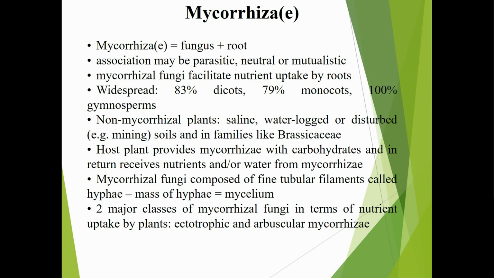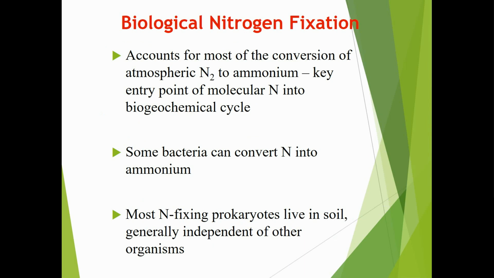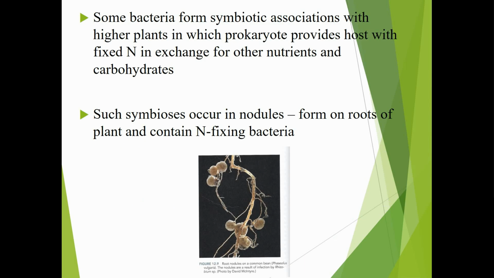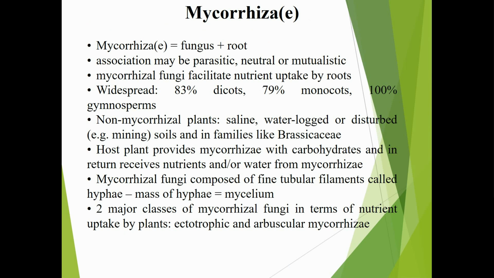Okay, so we've just spoken briefly about biological nitrogen fixation with specific regards to a bacteria and the legumes, and how this bacteria and legumes form a symbiotic relationship. They form specialized structures, etc., etc. But that's not the only thing. Mycorrhiza is fungi, essentially.